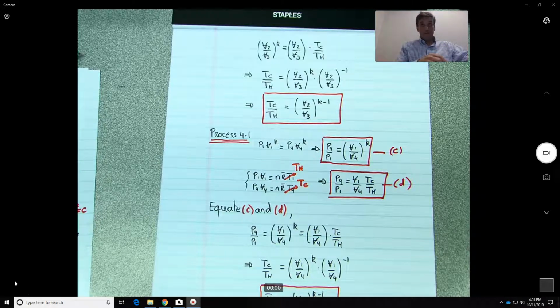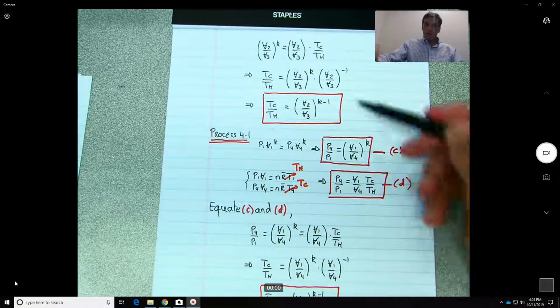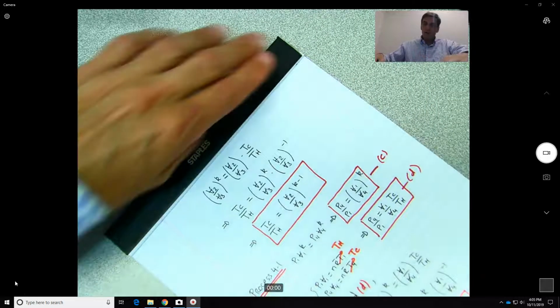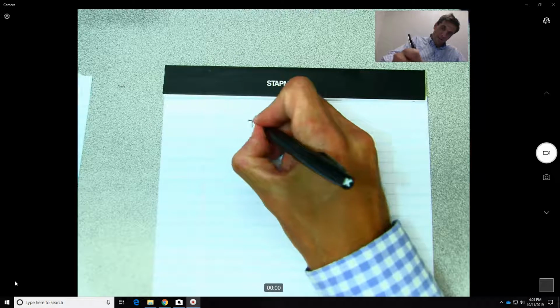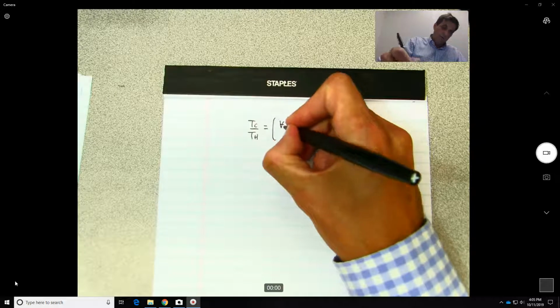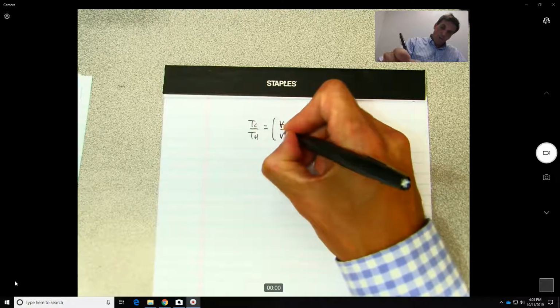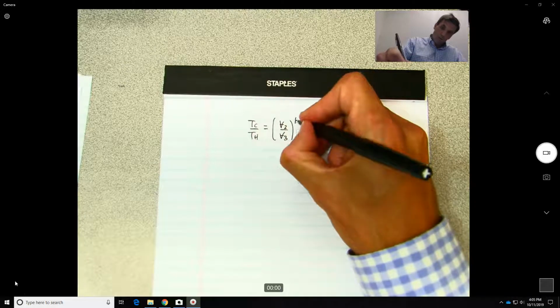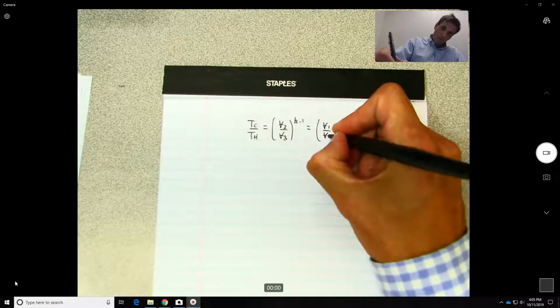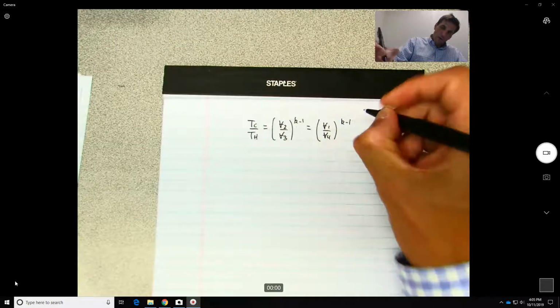Alright, we're almost there. So now we're going to equate this relation to this relation over here. Okay? So next we have T cold over T hot will be equal to V2 over V3 to the K minus 1 equal to V1 over V4 to the K minus 1.